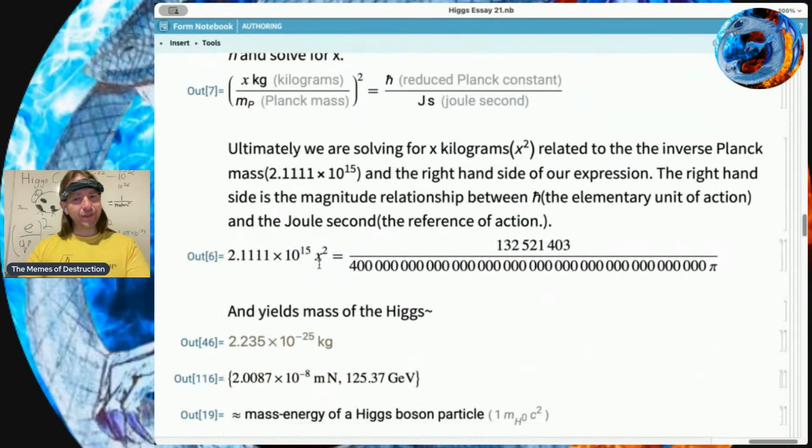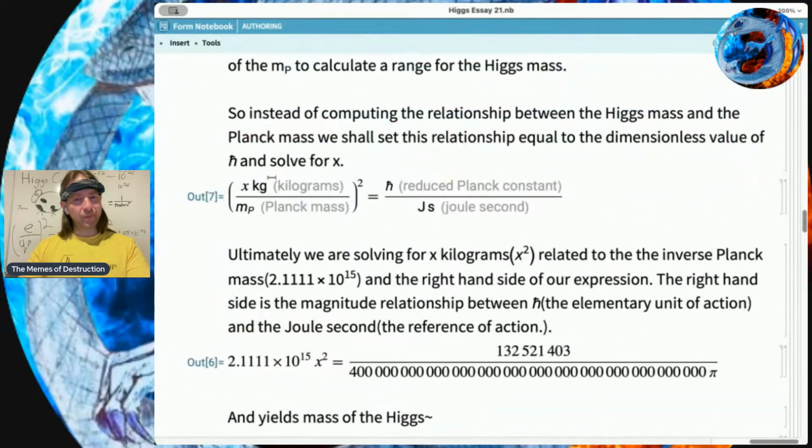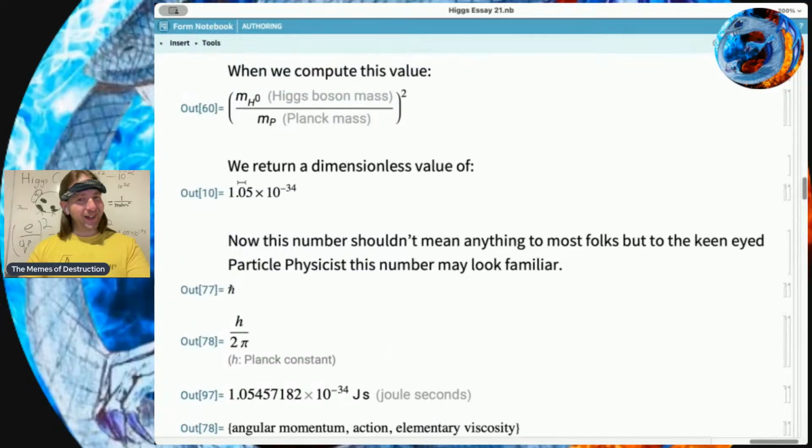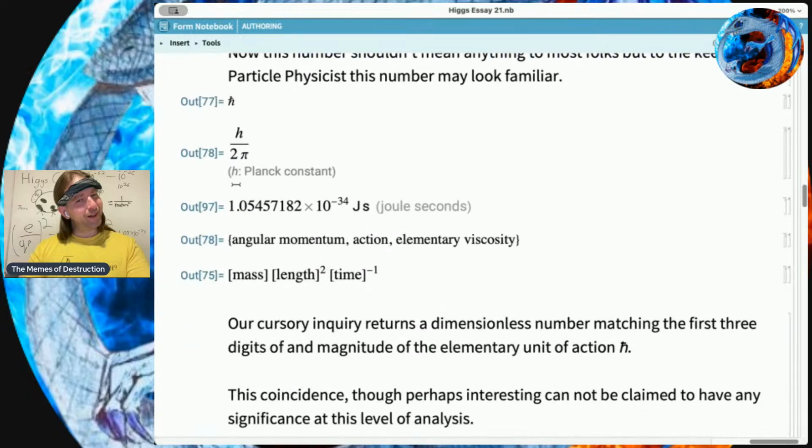So we're using the inspiration from alpha here. We're literally taking the ratio, because the whole thing that got me down this path was, perhaps being a wee bit spectrumy or going down enough Wolfram holes and hearing words, long story short, once I saw the mass of the Higgs divided by the Planck mass squared, I noticed this 1.05 times 10 to the minus 34, and I'm like, that looks a little familiar.